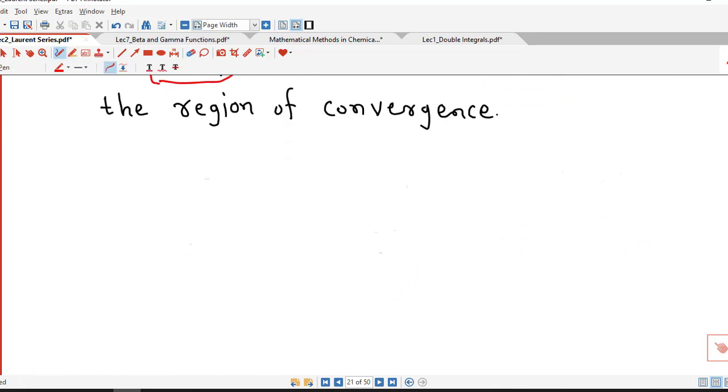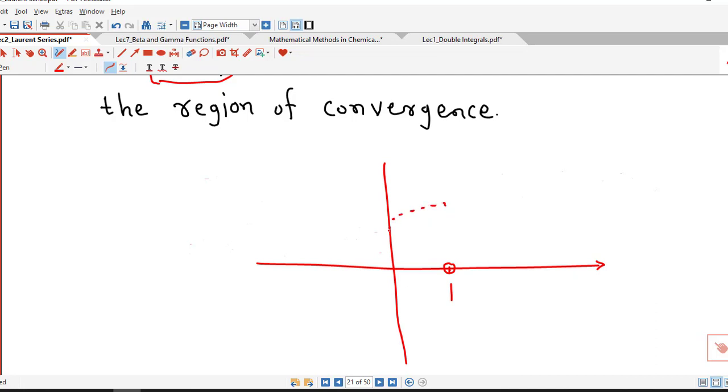So we don't have to consider z equal to 1, and if we consider any circle with center z equal to 1, then our function is analytic in this circle. So there is no restriction on the radius.